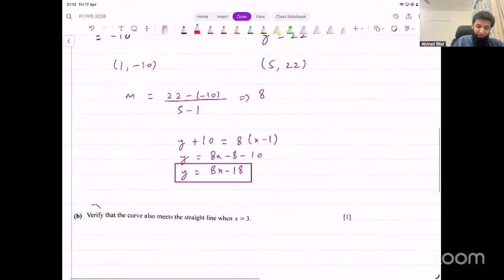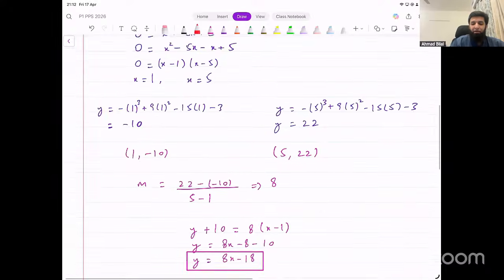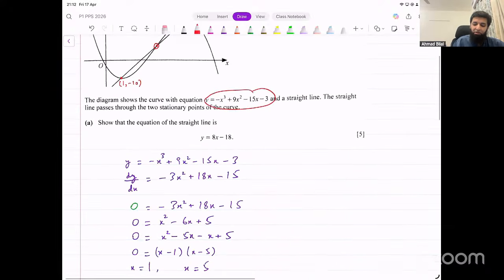Now, since they're saying verify, that means we can just input x in those equations directly. We do not necessarily need to solve them simultaneously and show that complete process. You cannot even do that in P1. You have to use polynomial concepts for that. That's not something that we cover in paper 1. They are asking you to verify that.